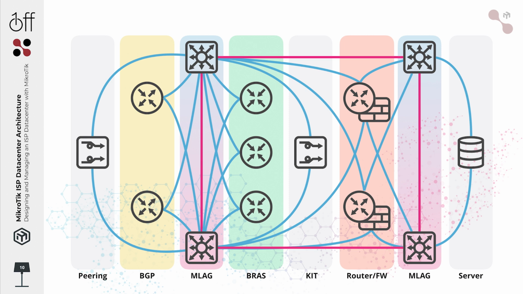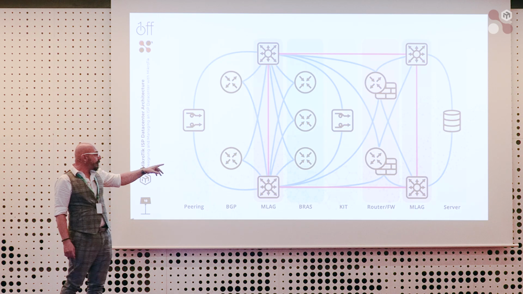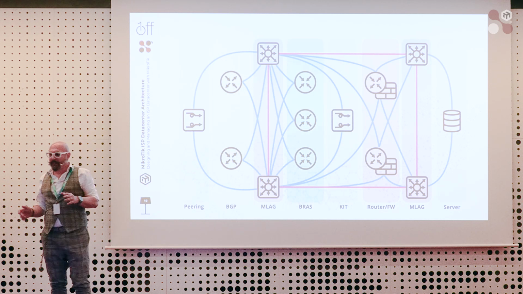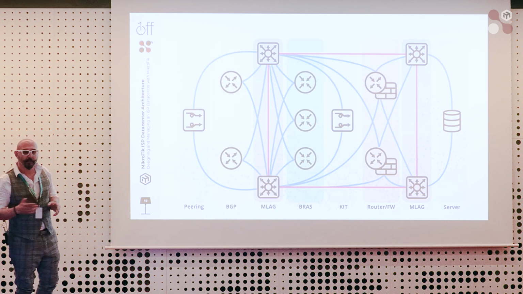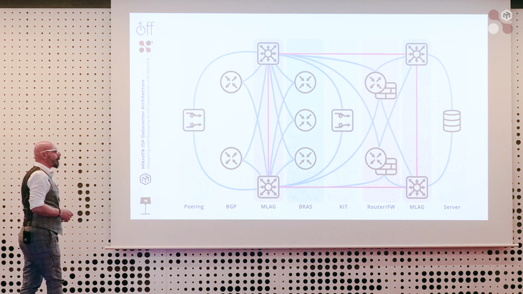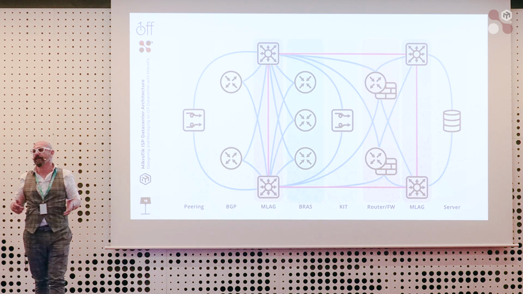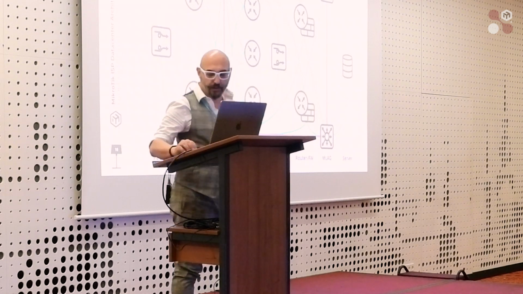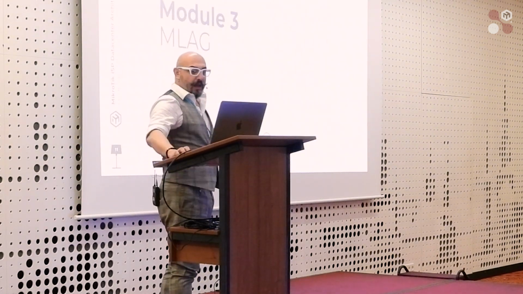Then some access concentrators, let's say, and wholesale kits, routers or firewalls that I put in the middle between the public part of the network and the local private part of the network, where we can have another MLAG switch and some servers, applications, and whatever we need to put inside the data center.